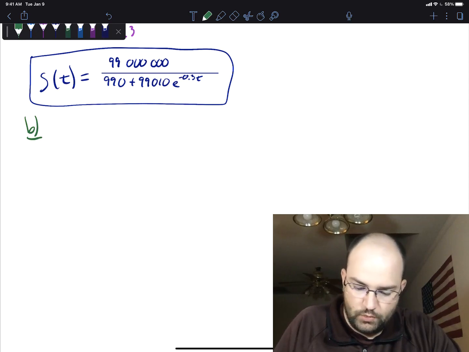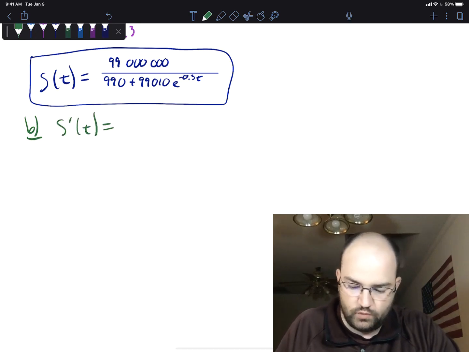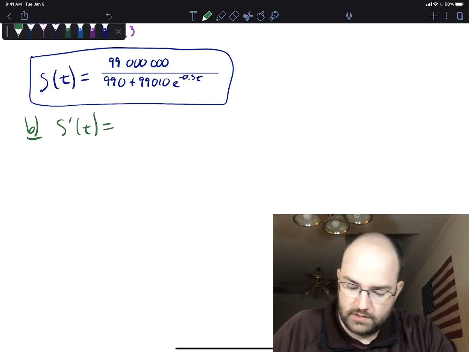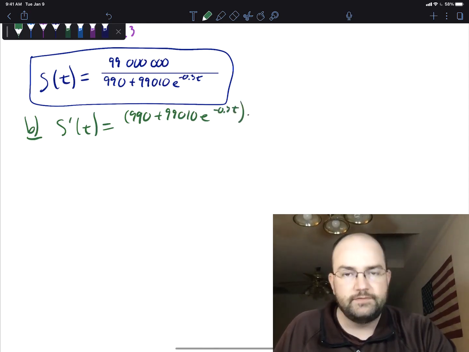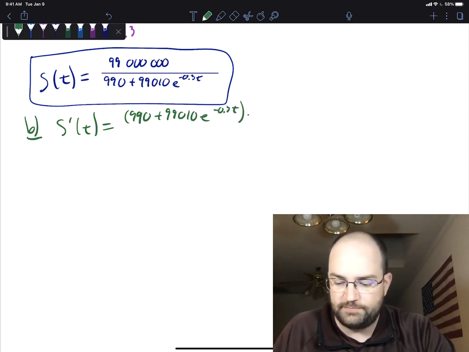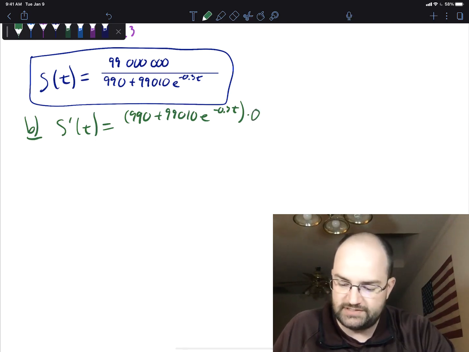For B, we want to find S prime of t, which means we need to use the quotient rule. So it's going to be the bottom, the 990 plus 99,010 e to the negative 0.3t times the derivative of the numerator. The numerator is 99 million, which is just a constant, so it's 0.